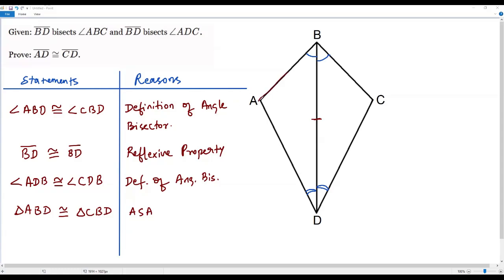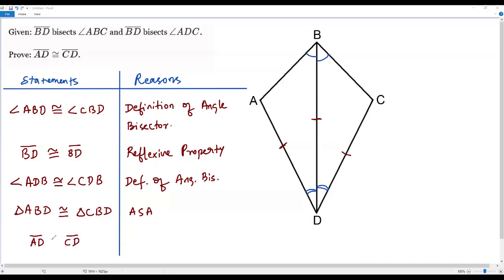Now I have proved that triangle ABD and triangle CBD are congruent. Since these two triangles are congruent, their corresponding parts must also be congruent by the CPCTC theorem. If I consider the side AD, what is the corresponding side in the second triangle? That is CD. We can also get it from the vertices of the two triangles I mentioned: to get the side AD in the first triangle, I consider the first and second letters. Now for the corresponding side in the second triangle, we consider the letters at the same positions, the first and third letters, so CD.